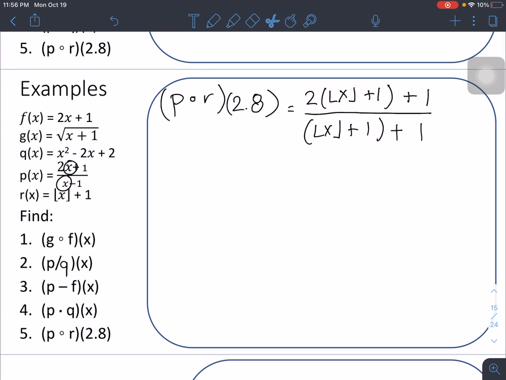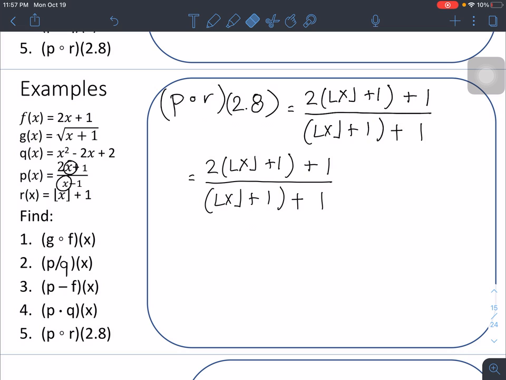Then replace all the x's on this function with 2.8.